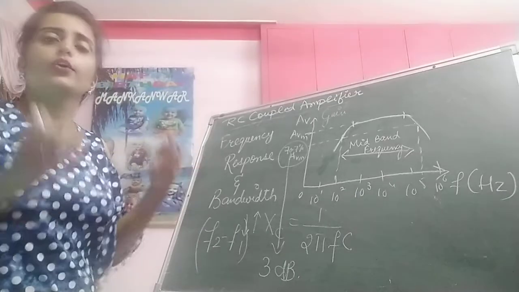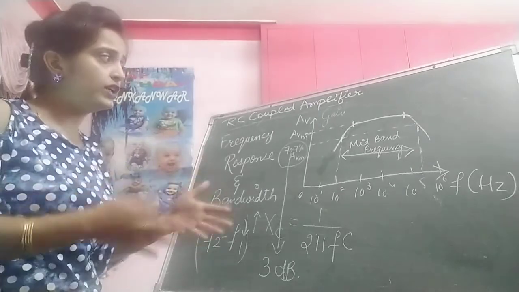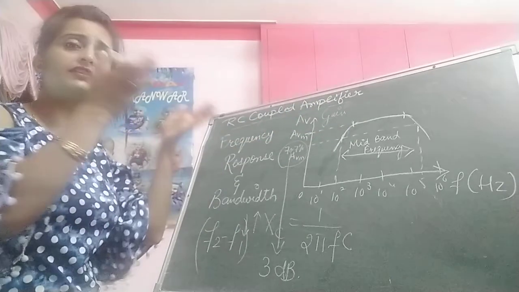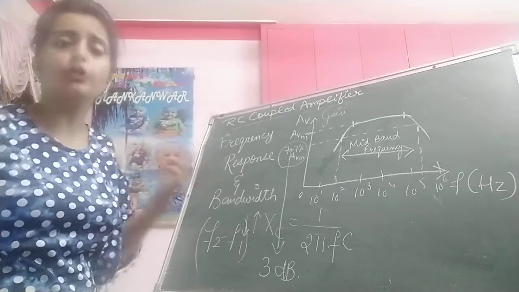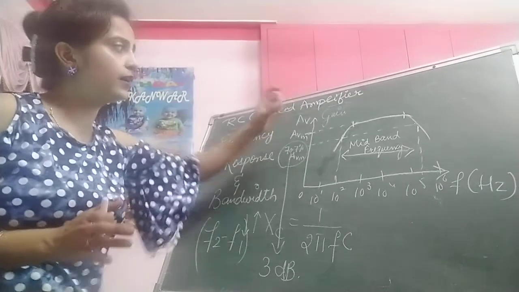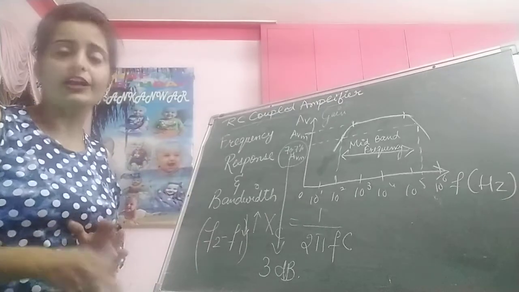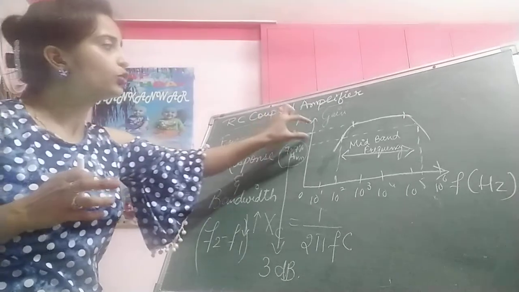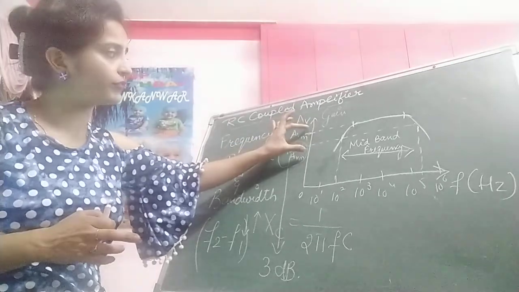So whenever we need to calculate the bandwidth of a device dealing with audio signals, we can calculate it depending upon 70.7% of the maximum value, as our ears respond in the same manner to both points of the gain.